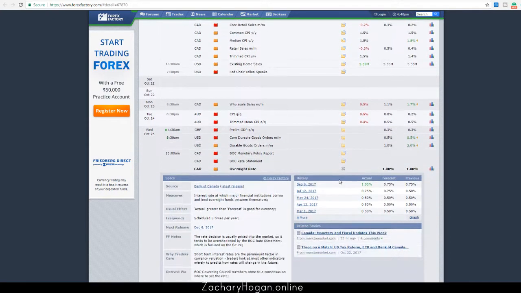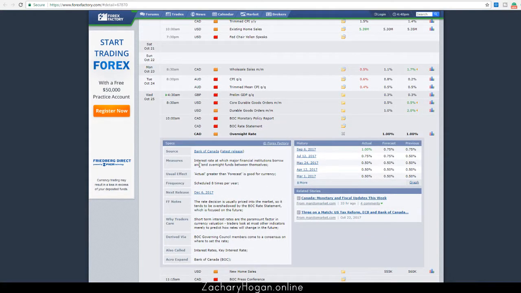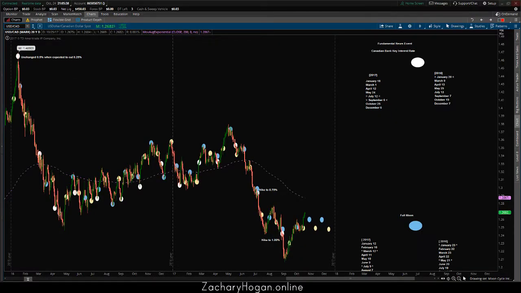You can expand here on Forex Factory, get some more information, and I've already gone ahead and back tested just to really save a lot of time on this recording. Now, if you wanted to take a look at these white dots, it basically is all of the last interest rates from 2016 to 2017.